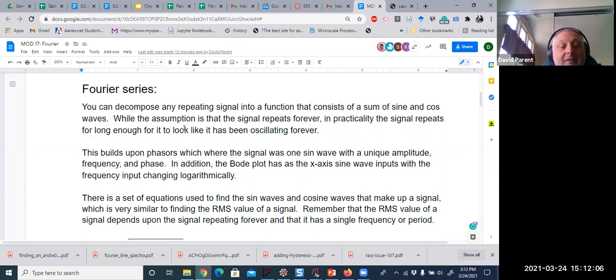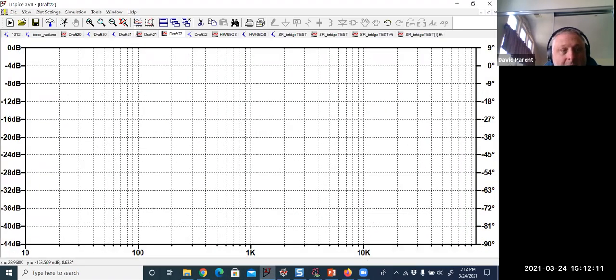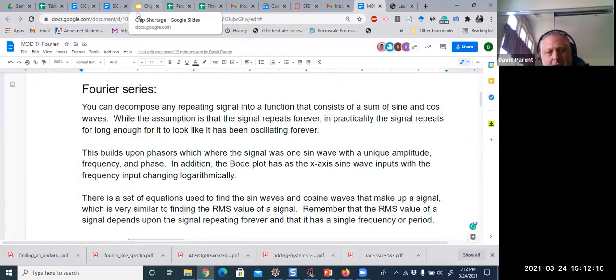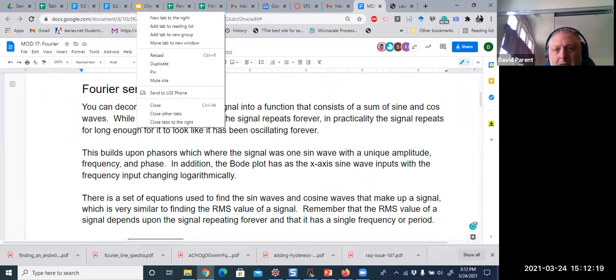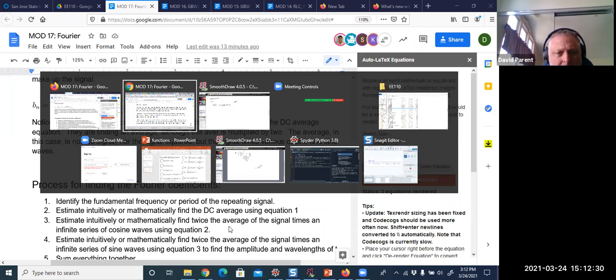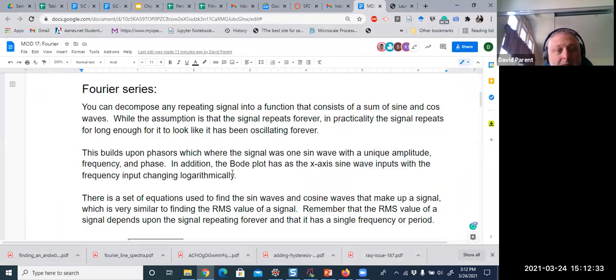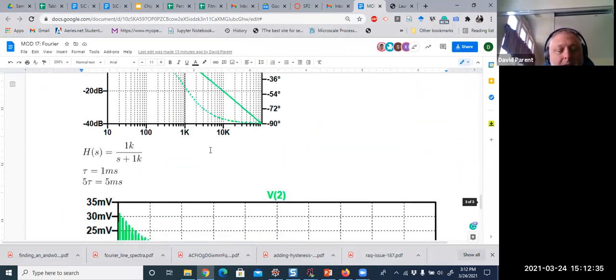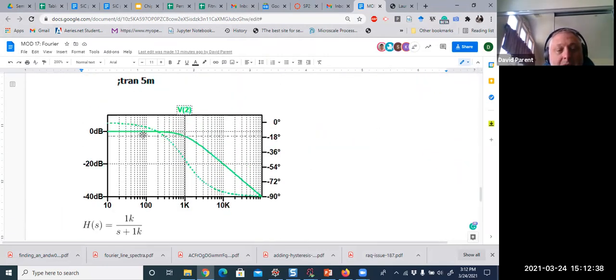And so a phasor is just one point on the Bode plot. And in this case, I've highlighted 1 kiloradian per second, right?